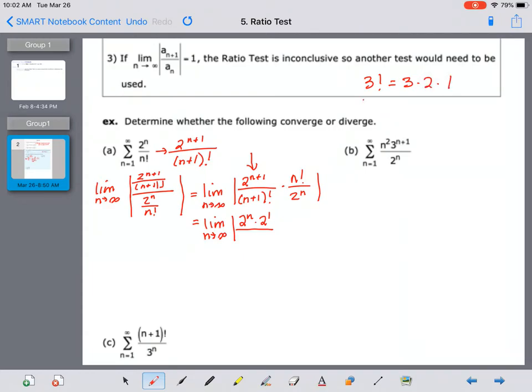So n factorial starts with n, then our next term is n minus 1, and so forth. Now if we think about n plus 1 factorial, that leaves us with our first term times our next term times the one before that.